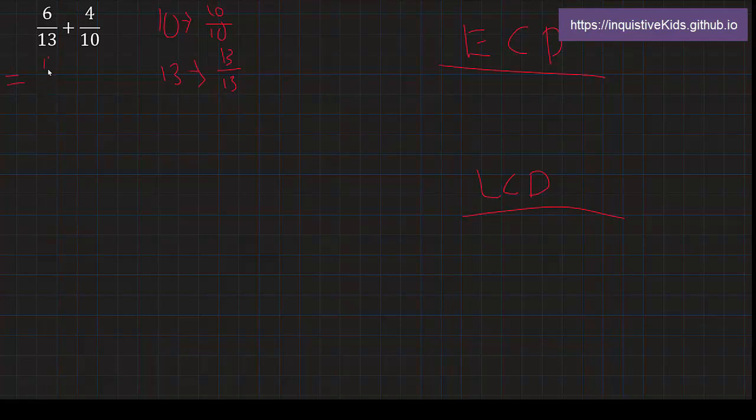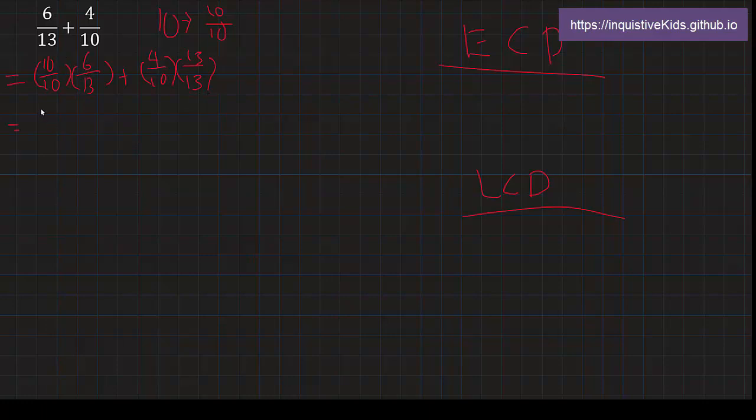That would become 10/10 multiplied by 6/13 plus, over here I just have to kind of erase this, plus 4/10 times 13/13. We multiply.